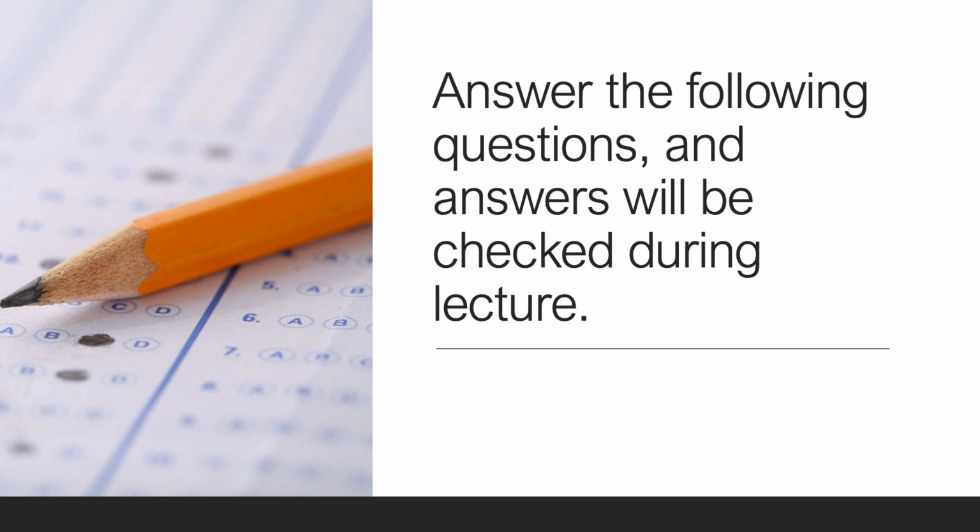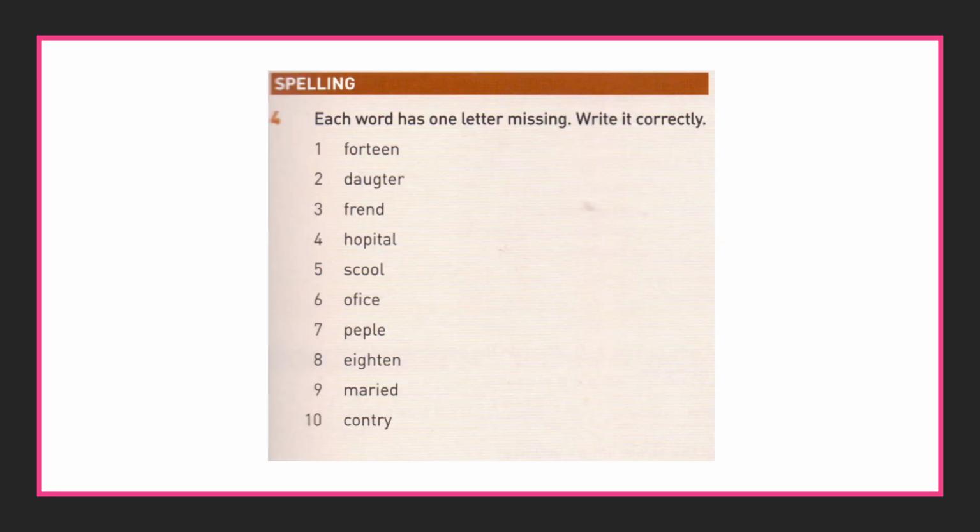Now the last thing we'll have in this lecture is to answer the following questions, and answers will be checked during the lecture. During the lecture this week we will answer them together with other exercises that we're going to do. This is the first exercise, it's in your course book.